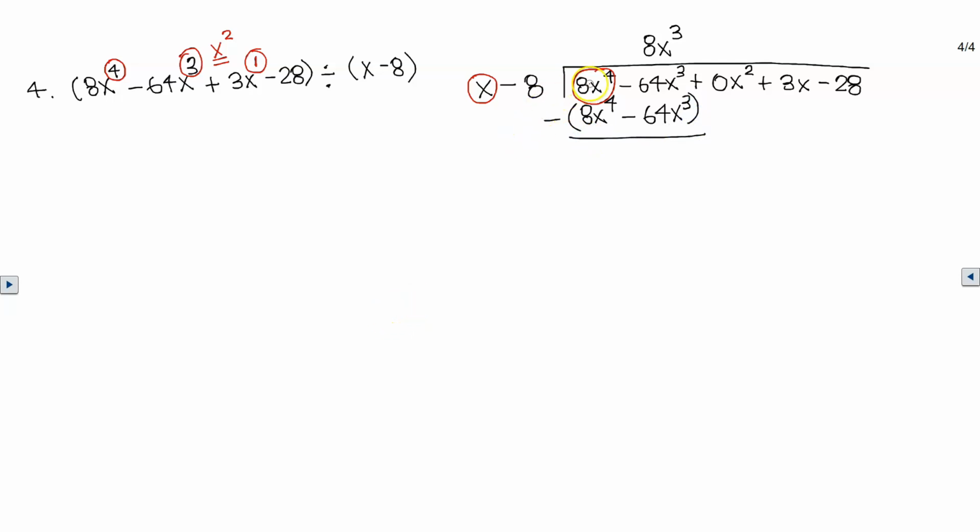Now on this one, when we do 8x to the fourth minus 8x to the fourth, both of these will go away. And here's something kind of interesting. I don't think we've seen this before. We've got a negative 64x to the third minus a negative 64x to the third. Those are going to cancel out as well.